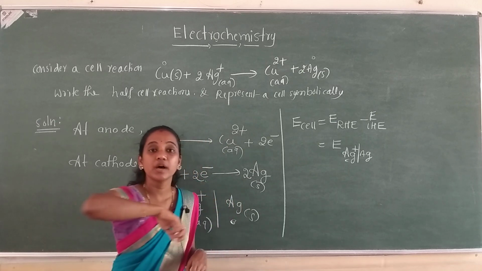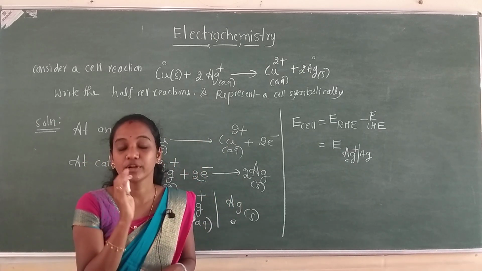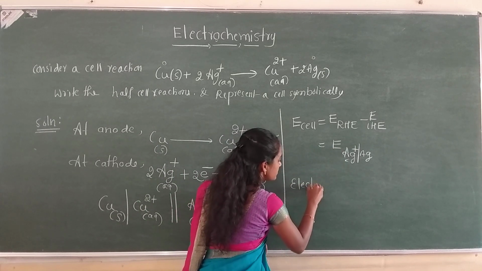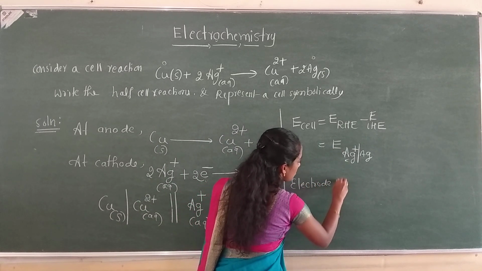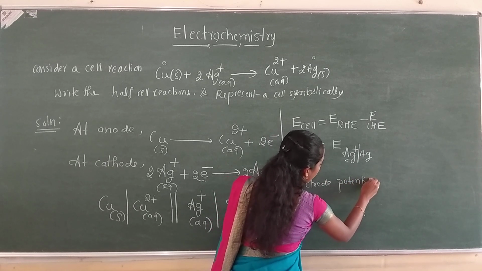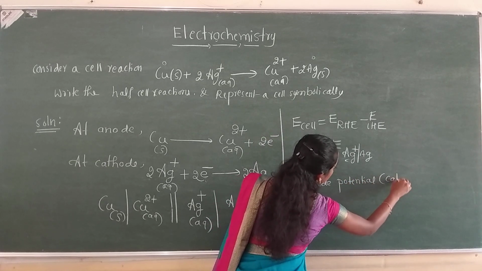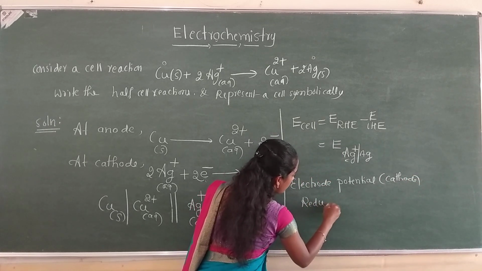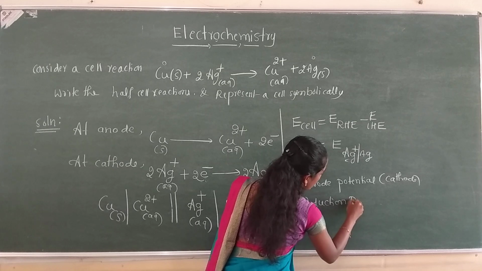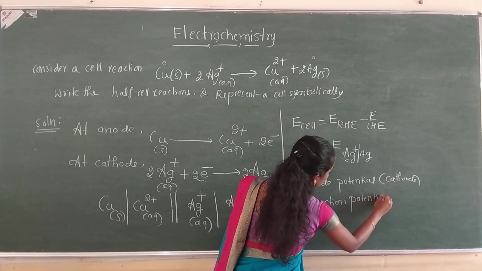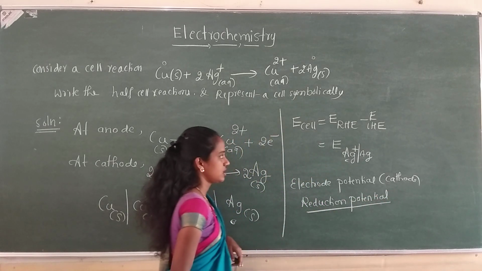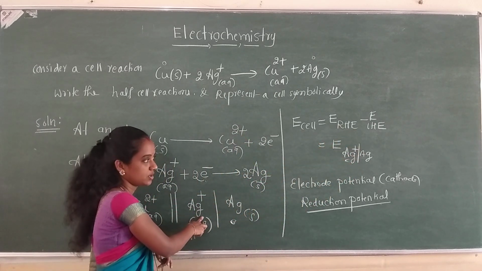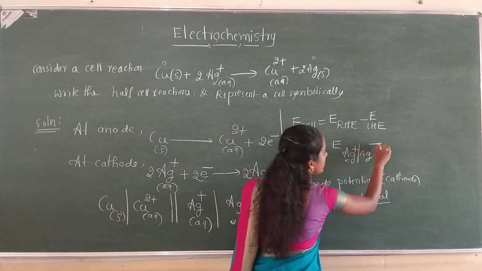So, one thing to remember, for a reduction electrode, instead of electrode potential, we can also use reduction potential for the cathode. So, here the right hand electrode is the silver electrode, minus the left hand electrode.